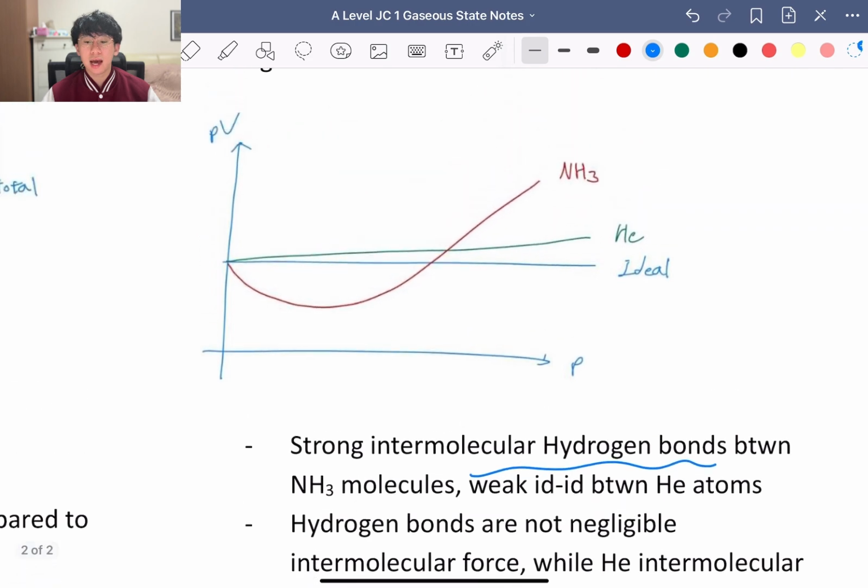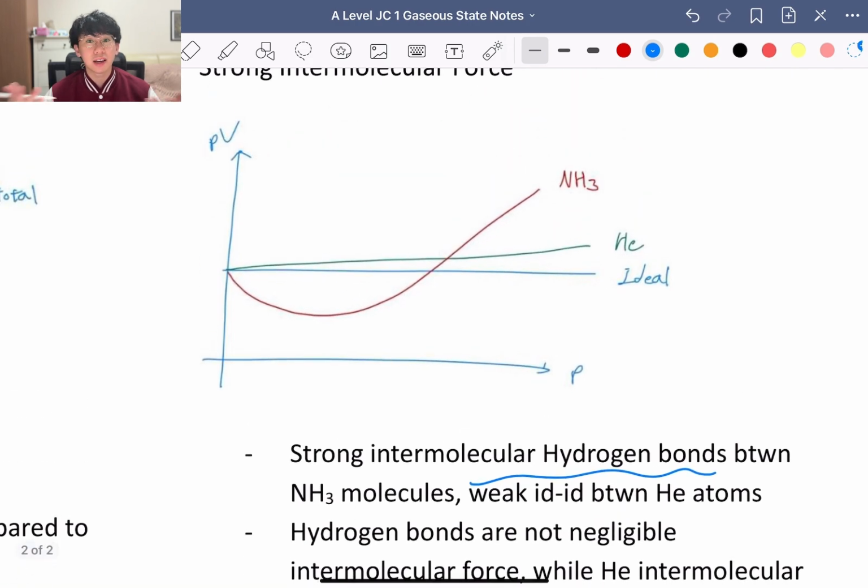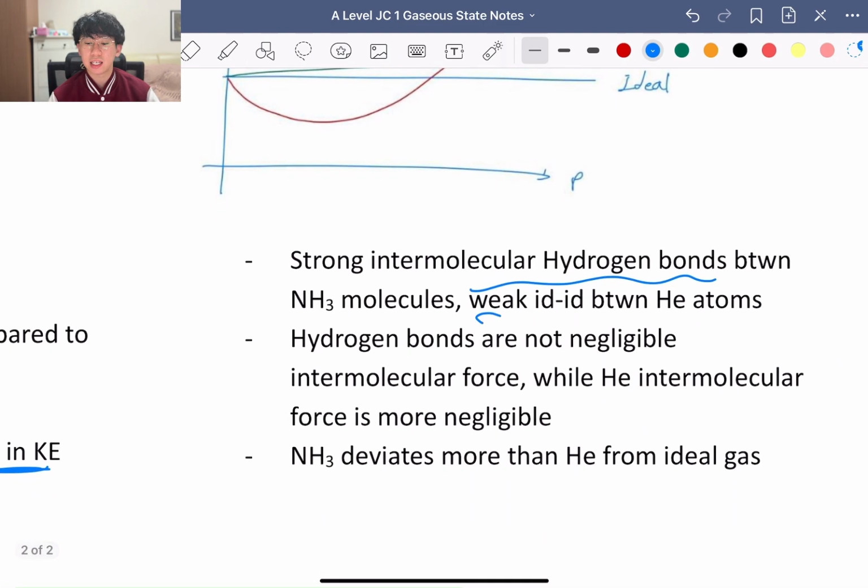So if you see NH3, there is very clearly a more significant deviation compared to helium because helium has weak instantaneous dipole-induced dipole interactions between the helium atoms. And because they are very weak, you can consider them pretty much negligible. Of course, they're not negligible, but they definitely are more negligible than hydrogen bonds, and therefore your helium atoms will appear more ideal than the NH3 molecules.